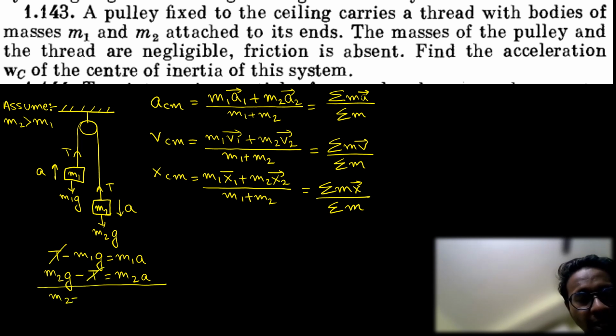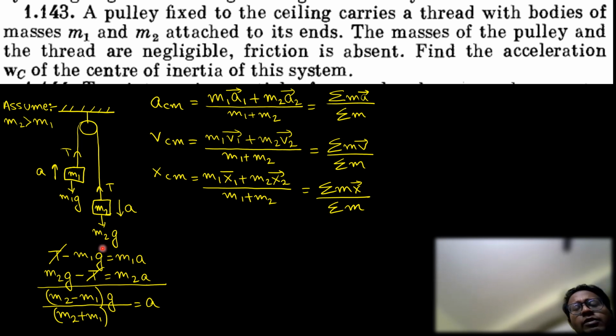So A equals (M2 minus M1) into G divided by (M2 plus M1). We have done this kind of problem repeatedly in Newton's laws of motion, so I did it quickly.